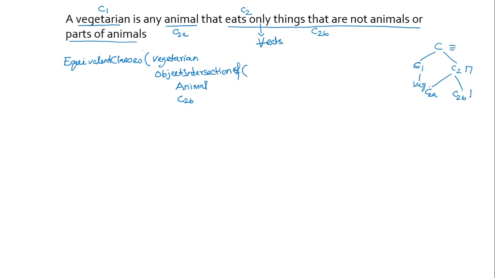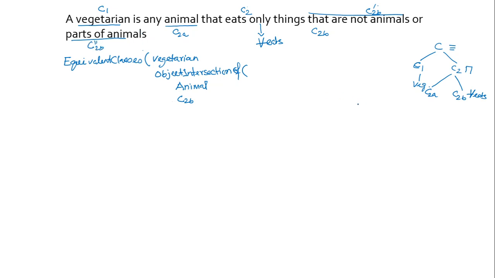So we'll have a structure like this to represent C2B. And what would be the two classes inside this restriction? We are disintegrating C2B into two parts. One is things that are not animal, so this is our C2B prime, and the other thing is parts of animal, which is C2B double prime.